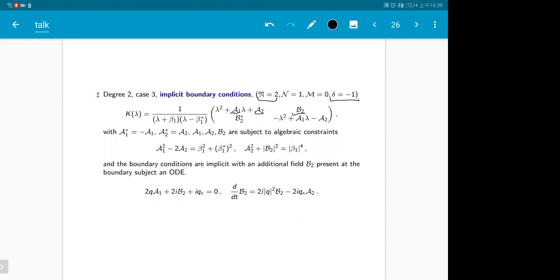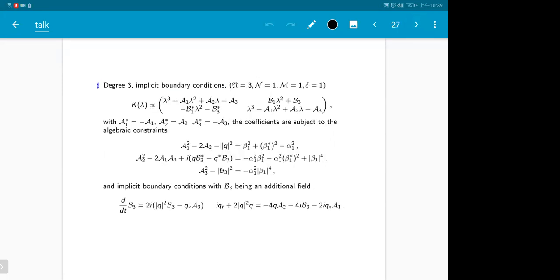A1, A2, B2 are constrained by this system, and your boundary condition reads in this form. In this case, B2 is subject to certain differential equations, so we can interpret this B2 as an additional field present at the boundary.